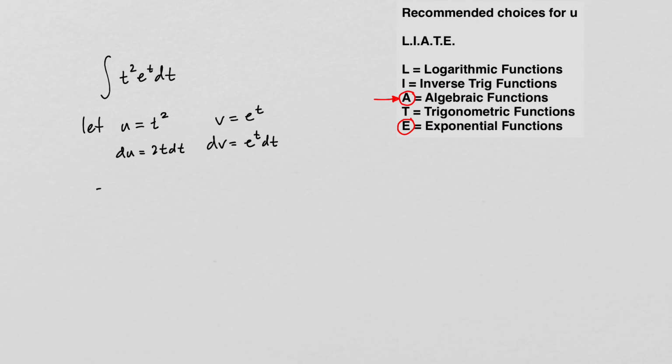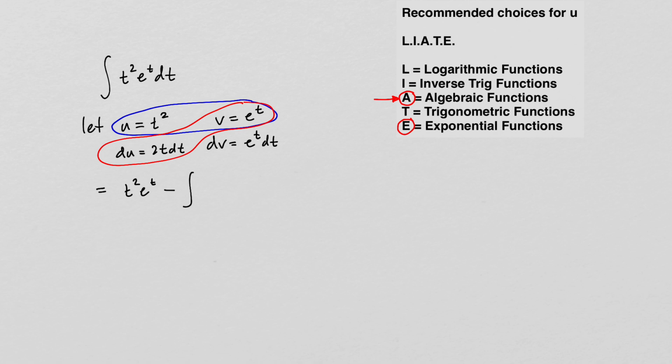Now, integration by parts tells us that this is going to be equal to u times v, so that is going to be t squared times e to the t, minus the integral of v times du, which is 2t e to the t dt.